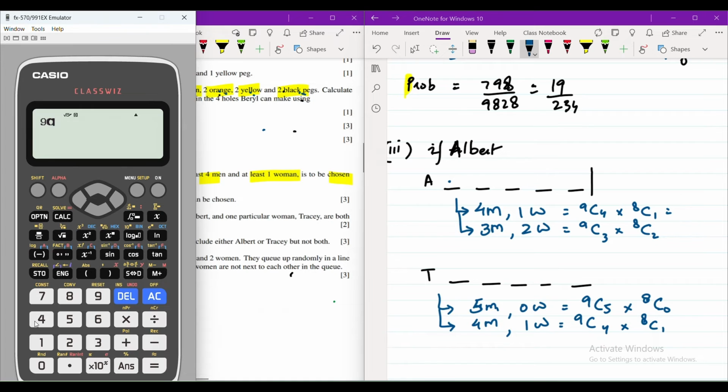So 9C4 times 8C1. This is equal to 1008. So 8C2 and 9C3, I have 2352.